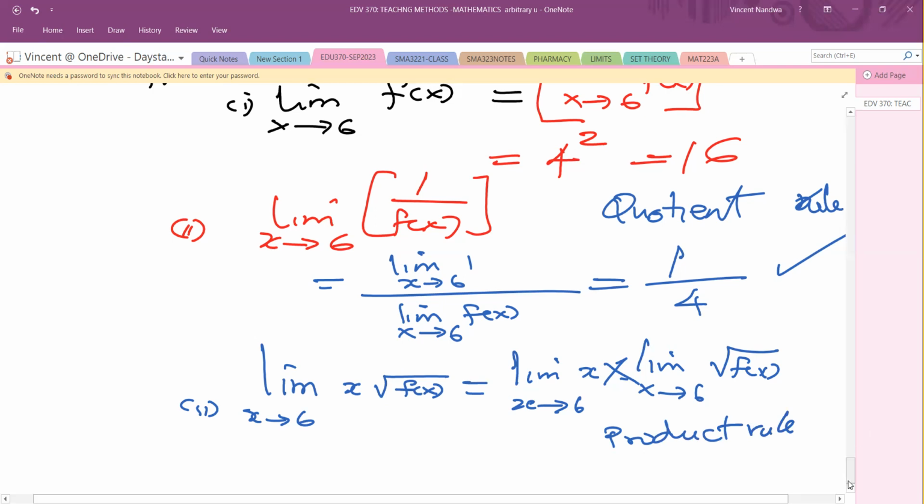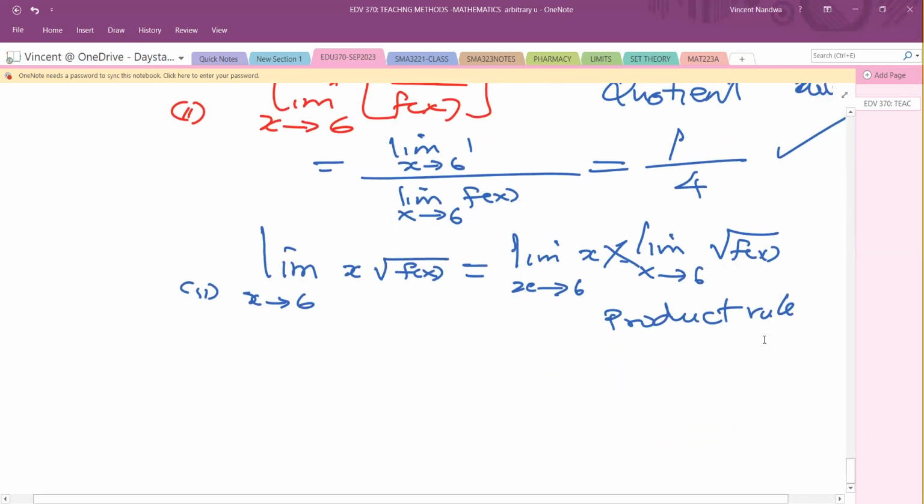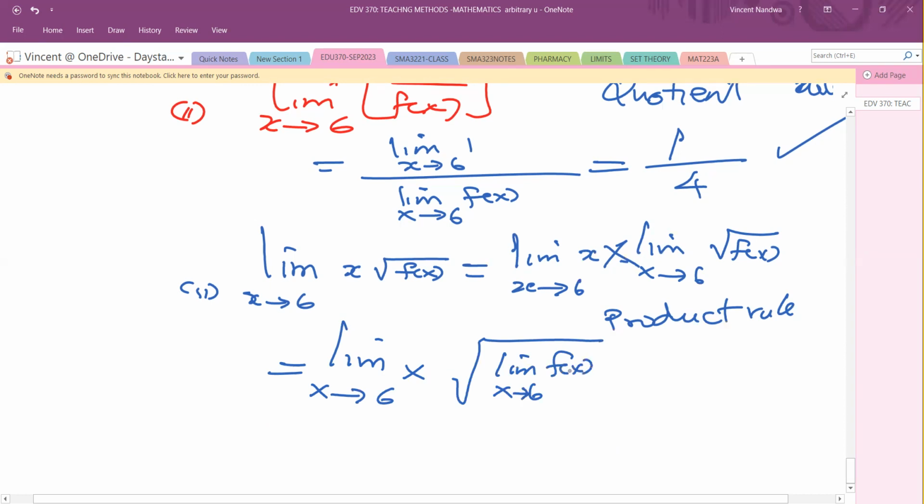So that's the first thing that you need to apply. So you have the limit as x approaches 6 of x, but now this square root, the limit of the square root is like the square root of the limit itself, right? If you remember, when you had a root of a function, you put the limit inside and then the root comes out. Okay?